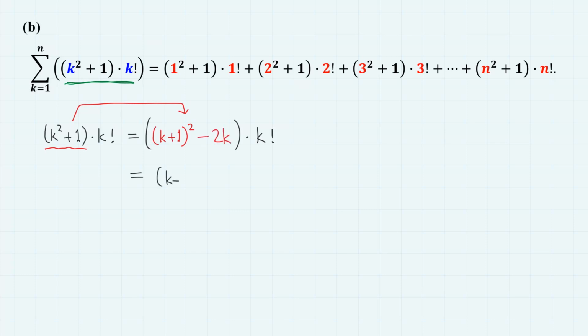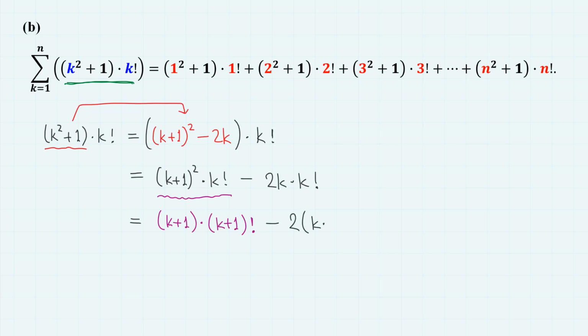So we obtain k plus 1 squared times k factorial minus 2k times k factorial. And here, this k plus 1 squared times k factorial is equal to k plus 1 times k plus 1 factorial, right? So we have this minus twice the k times k factorial.